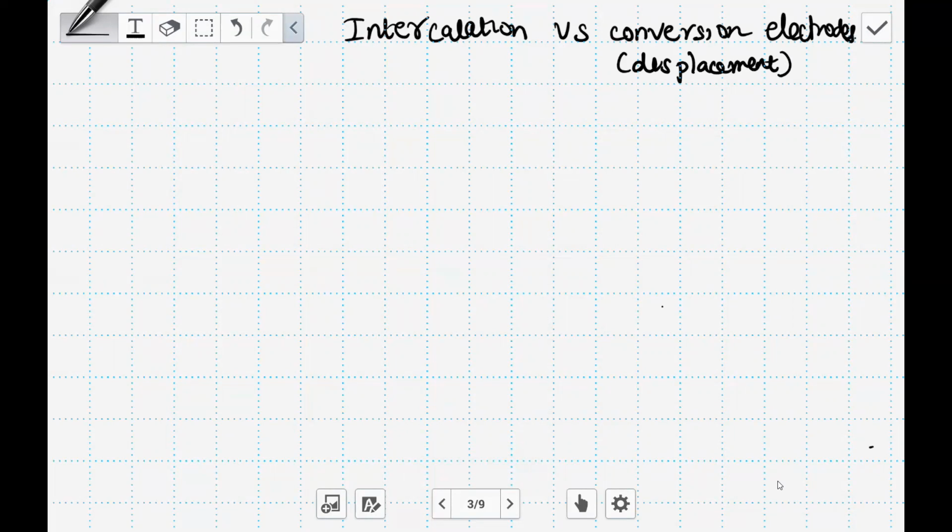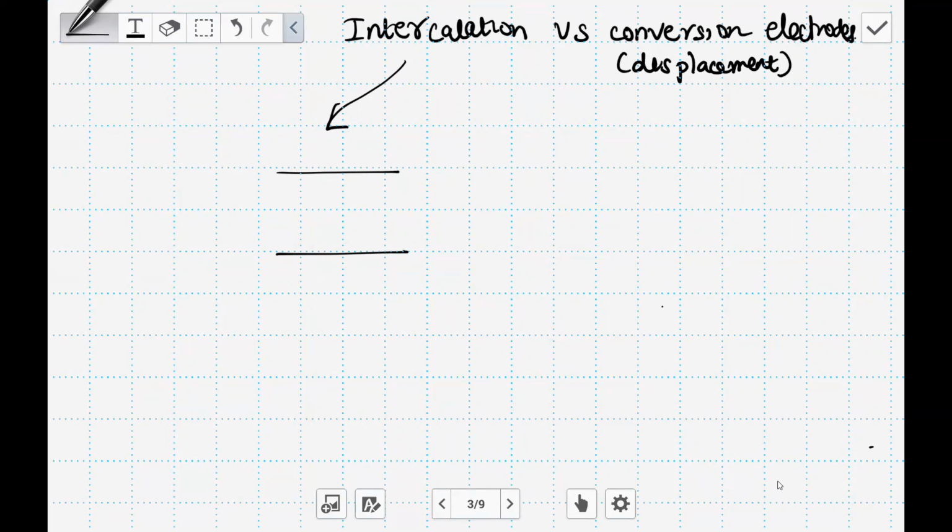So there are two kinds of electrodes in general. In the case of an intercalation electrode, there's typically a layered structure. If you take an anode, graphite is the most common layered structure, which you've seen from lead pencils and so on. So there are layers.